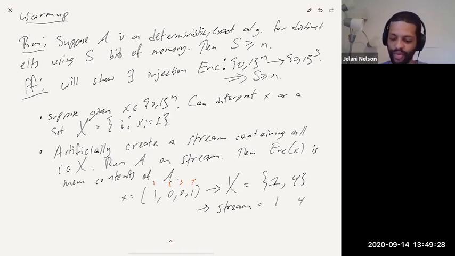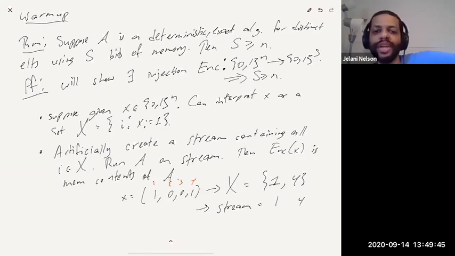Okay, and then we're going to run script A on this stream. Okay, and kind of what is an algorithm? You can think of an algorithm as, or what is it? How do I describe the run of an algorithm? Or the state of an algorithm.